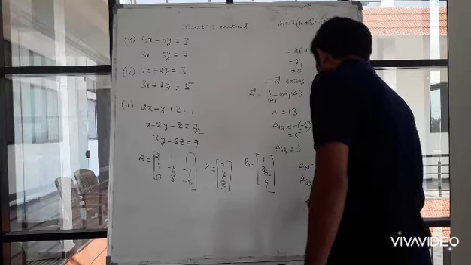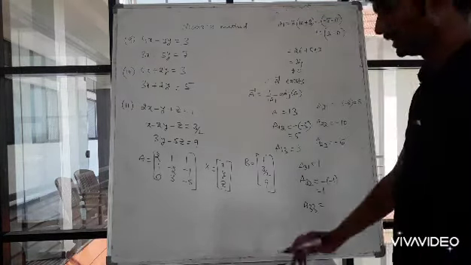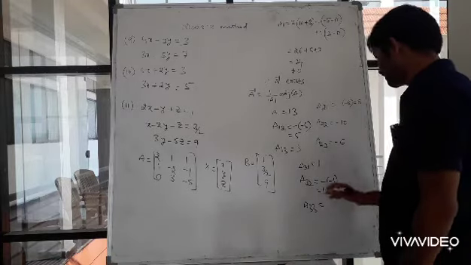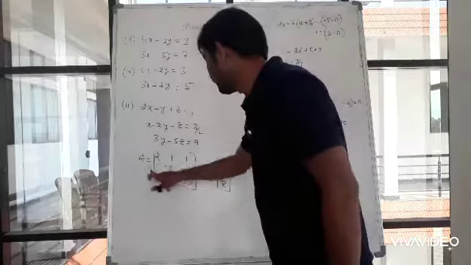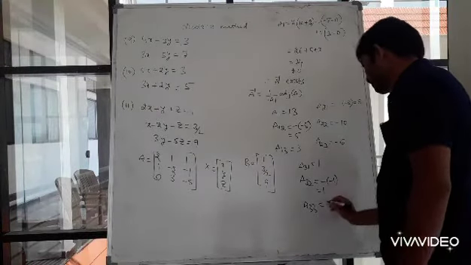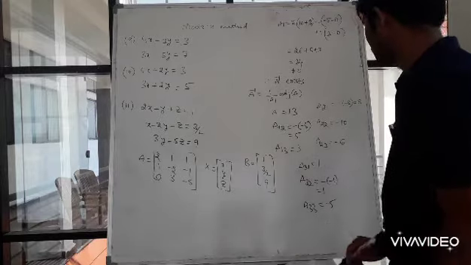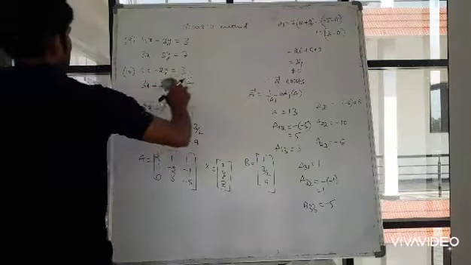Here again plus 1. A33. Last, 3 plus 3 even. Even means no need of taking the sign, right hand side. Okay. Then leave the column and row. Minus 2 into 2, minus 4, minus 1, minus 5. So these are the cofactors.